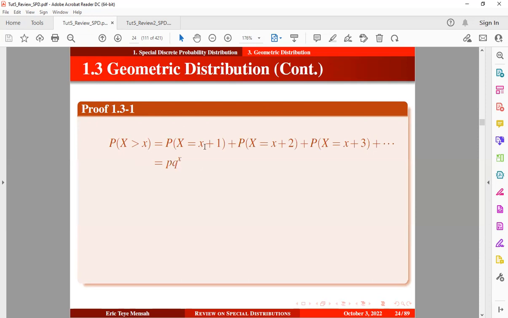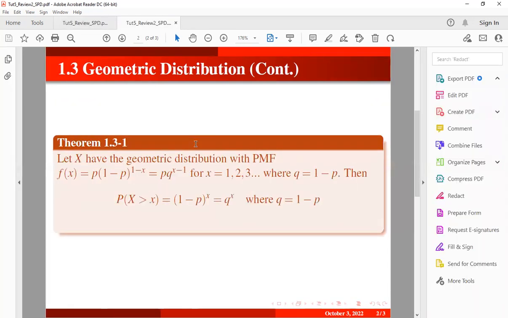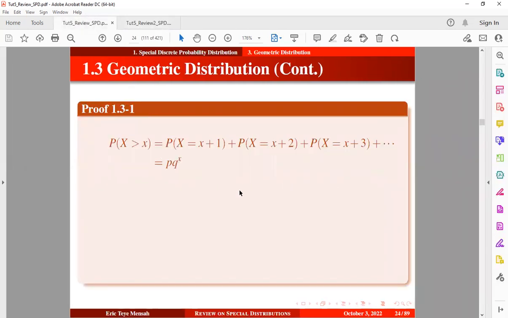Using the definition for the geometric distribution here, if I replace x by x plus 1, I obtain this. If I replace x by x plus 2, I obtain that. If I replace x by x plus 3, I obtain that, in that order.